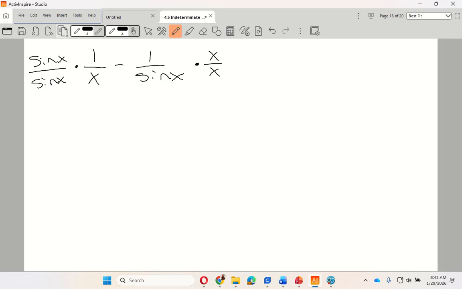So now, if I'm looking at it, I'm going to get sine x minus x over x times sine x. I'm rewriting it.